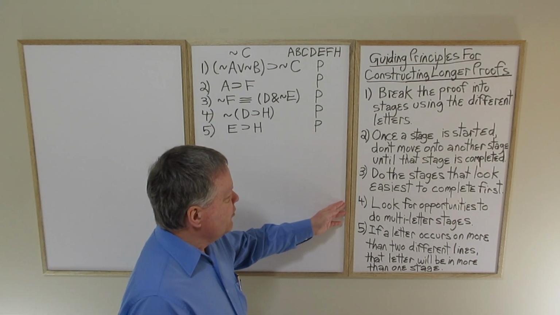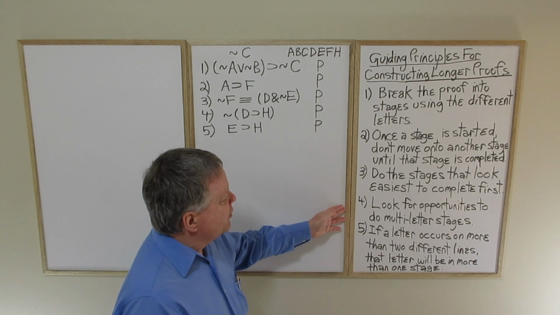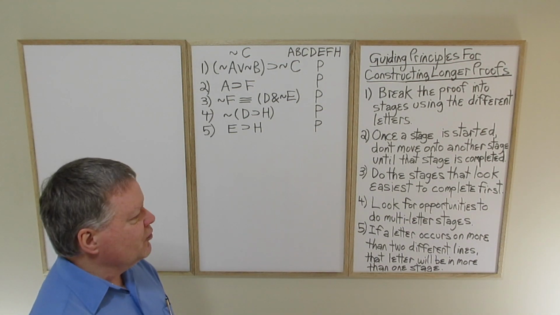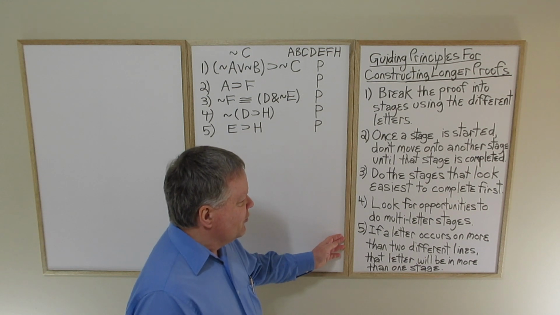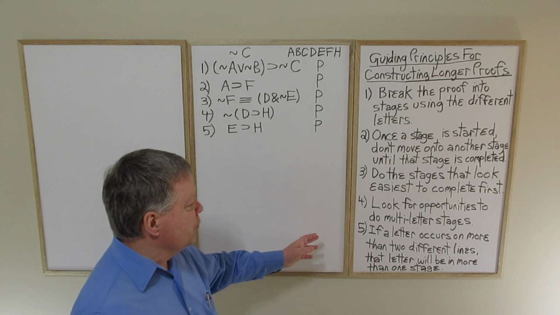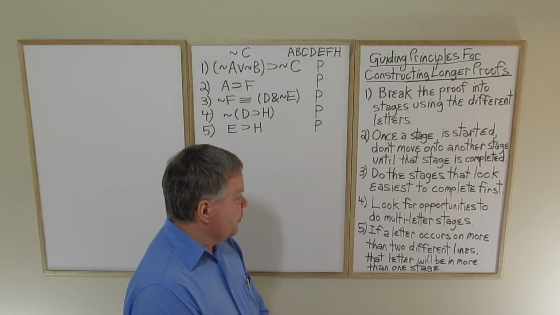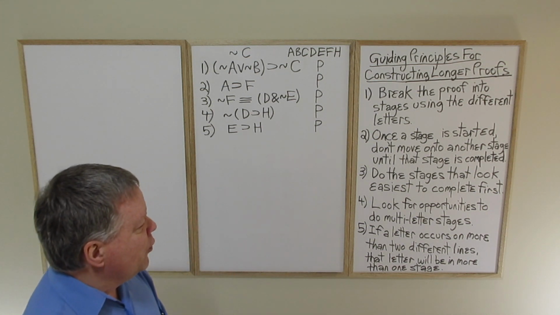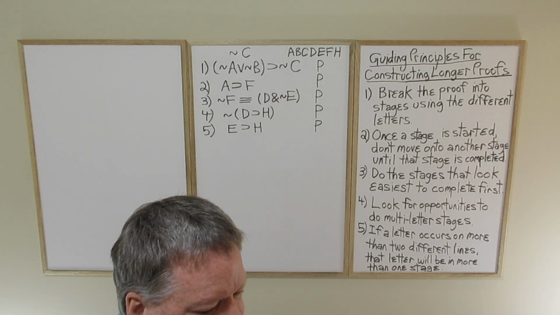In this process, you should also get into the habit of looking for opportunities to do multi-letter stages. Finally, and we'll see examples of this in some of the proofs we'll look at later on, not in this first proof, if a particular uppercase letter occurs on more than 2 different lines, that letter is going to have a place in more than one stage.